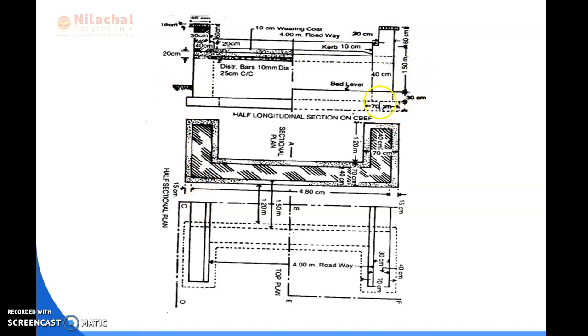Here is the breadth of the cement concrete. The first course provided is cement concrete, with a thickness of 30 centimeter. After that, the brick wall is provided. Here the bed level is shown, and here the ground level symbol is. From the cement concrete to the ground level the distance is 30 centimeter.